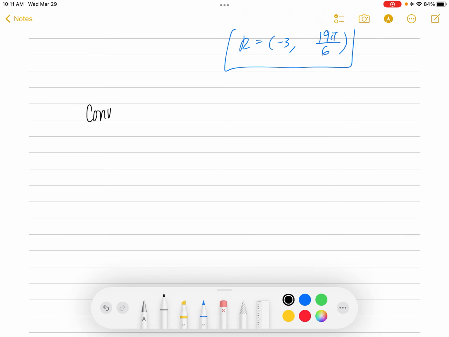Okay, so something we want to do going forward is, how do we convert from our polar coordinate system to a rectangular coordinate system? Convert from polar to rectangular coordinates.